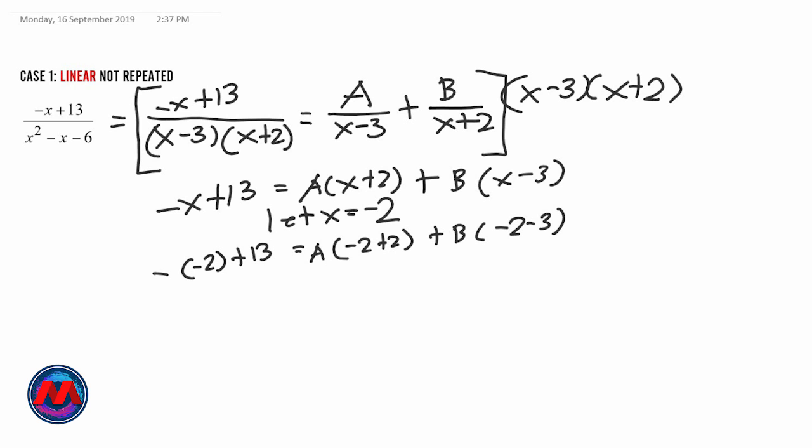Now, guys, look. Negative 2 plus 2 is 0. 0 times a is 0. Ibig sabihin, cancelled out na to. So, since b na lang yung natira, pwede na nating mahanap kung ano yung value ng b. So, to find the value of b, that would be equal to negative times negative 2 is positive 2 plus 13 is 15.